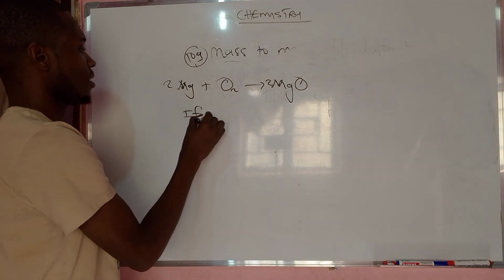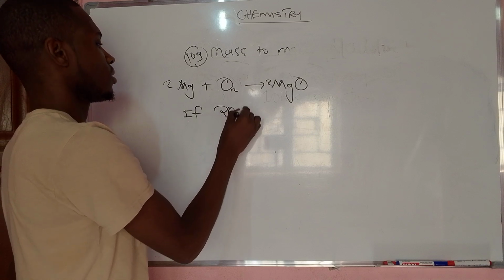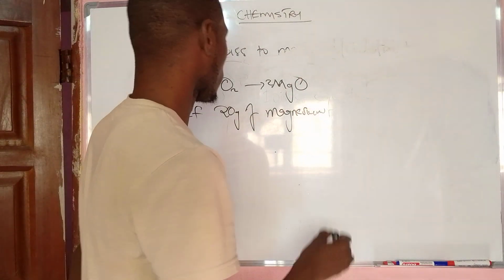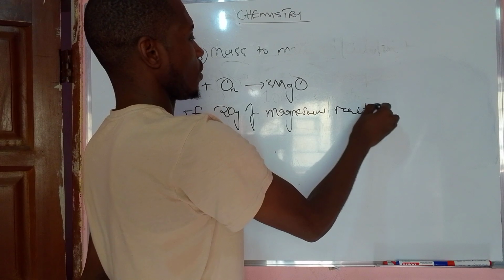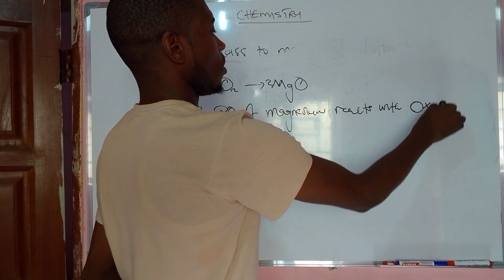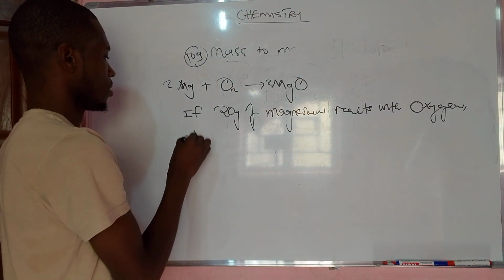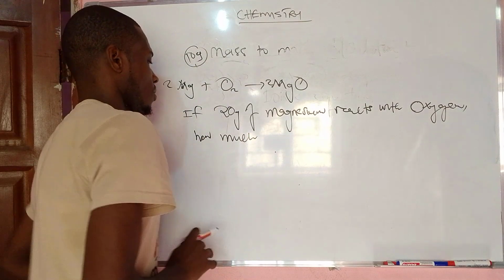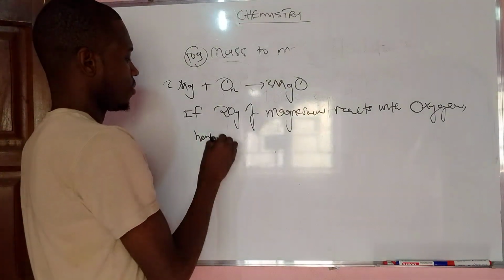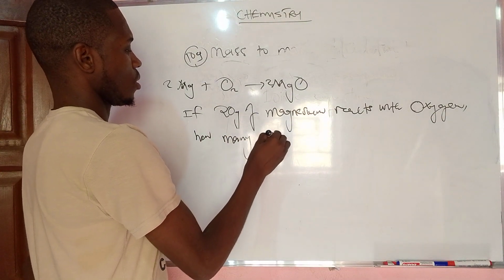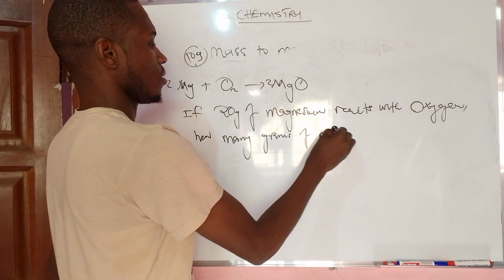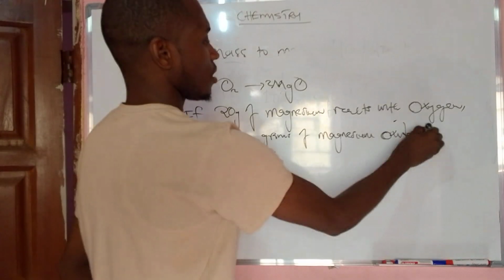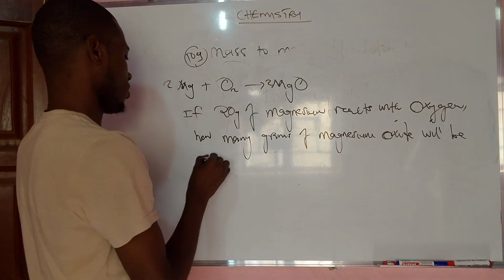Let's say 20 grams of magnesium reacts with oxygen, how many grams of magnesium oxide will be produced?